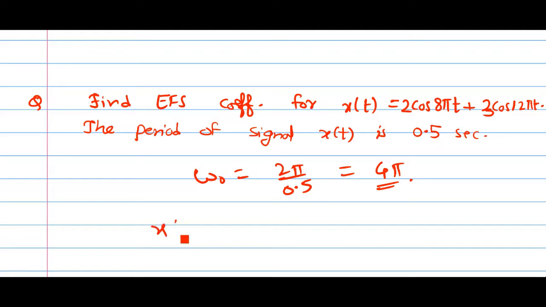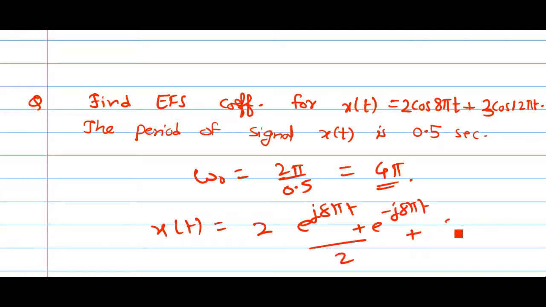Okay. So this x of t can be written as 2 times (e raised to power j 8 pi t plus e raised to power minus j 8 pi t) upon 2, plus 3 times (e raised to power j 12 pi t plus e raised to power minus j 12 pi t) divided by 2.